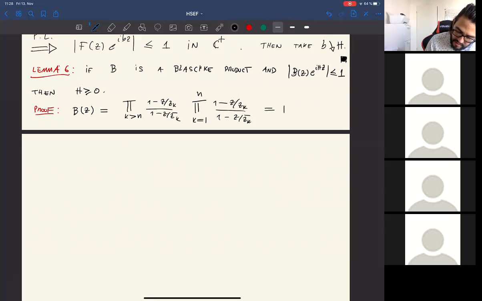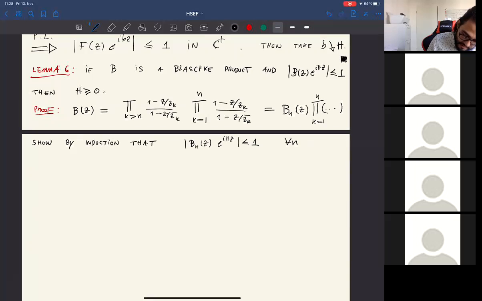Define this as B_n of z times the rest. And then show by induction that B_n of z e^{i h z} still is less or equal than 1 for every n.